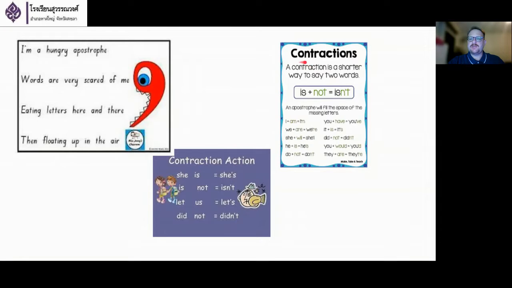That is a contraction. A contraction is just a shorter way to say two words. An apostrophe will fill the space of the missing letters.